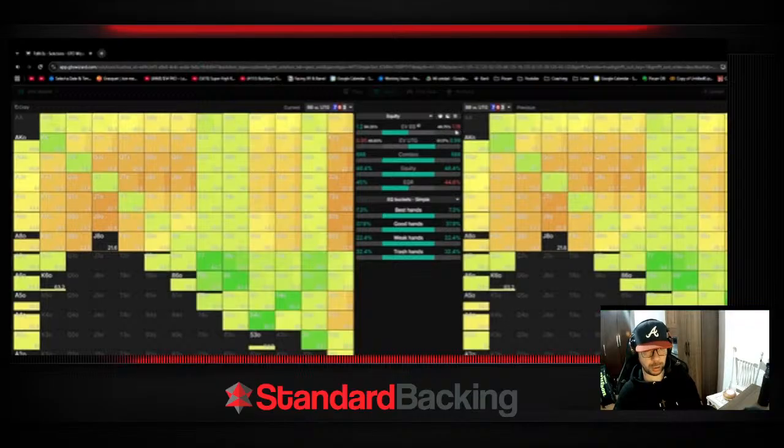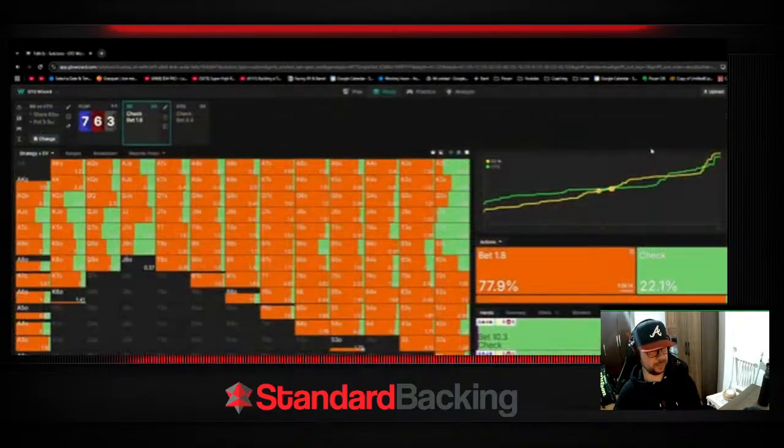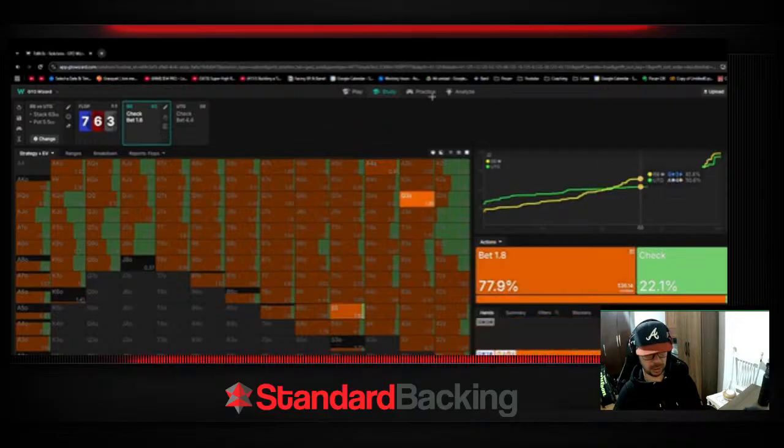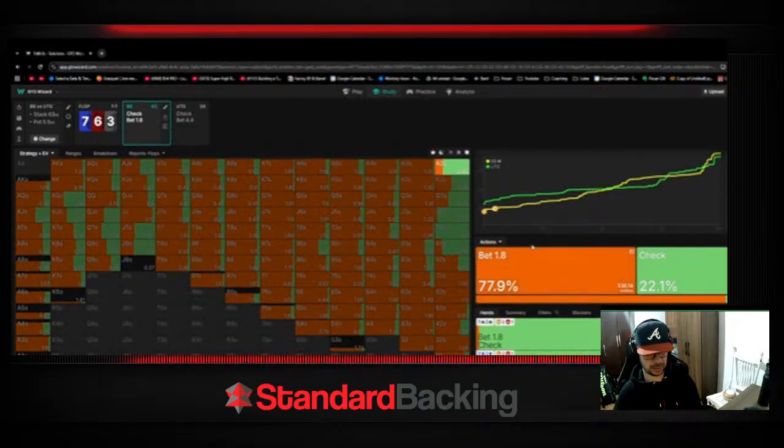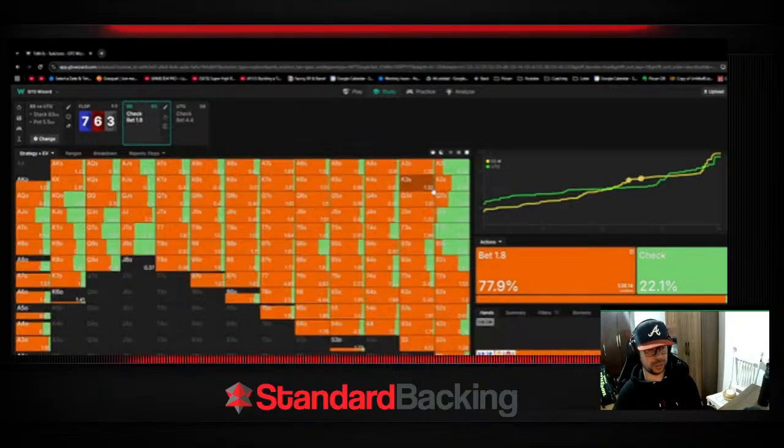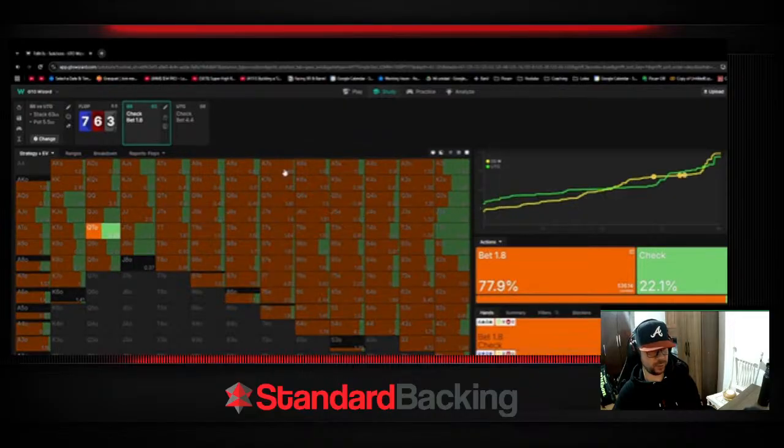So it's not because the solver says that a 10 big blind overbet is the best solution. We have to double check it, try different sizes, and try to see what the main drivers are again.